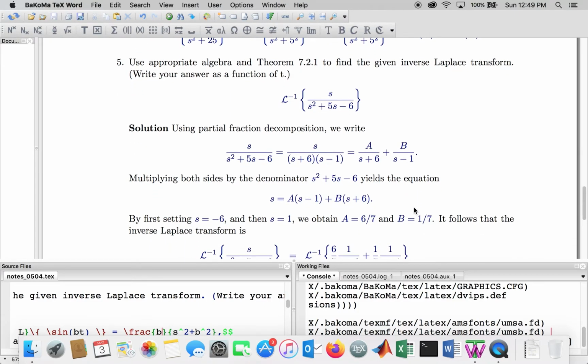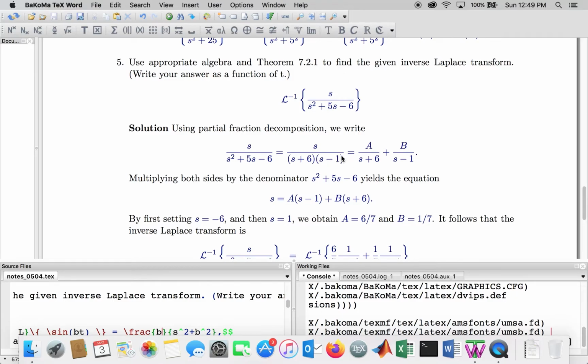Okay, next problem is also an inverse transform. So here we have this rational function here. So what you want to do is, in this case, the polynomial down below will factor into a polynomial of 2 real roots. So if we break it up this way, then we see that a partial fraction decomposition is needed.